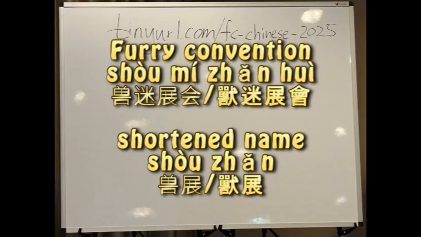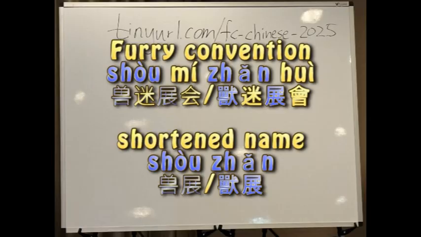Remember from the first line, it means furry fan, and the second one, 展会, is just convention. So you shorten it by taking the first character of each word, and that's a very common thing to do in Chinese.